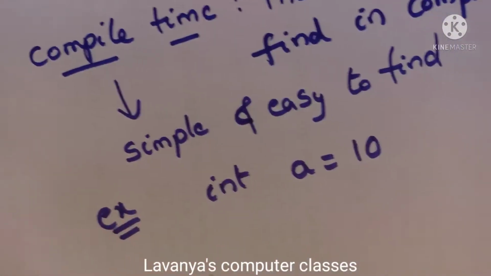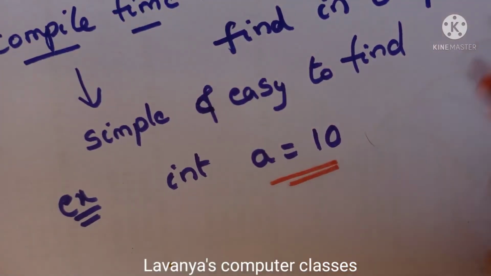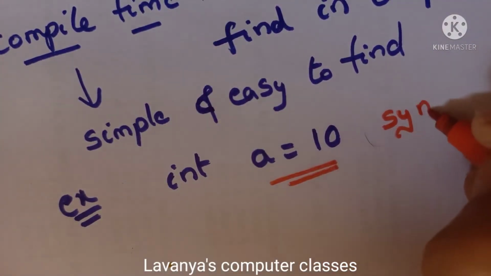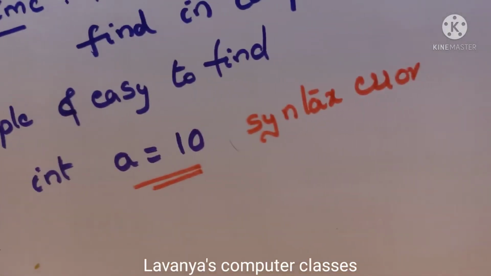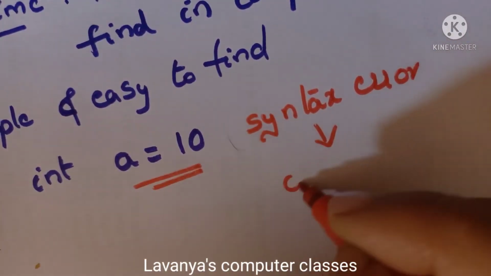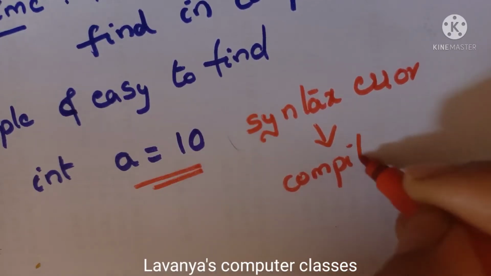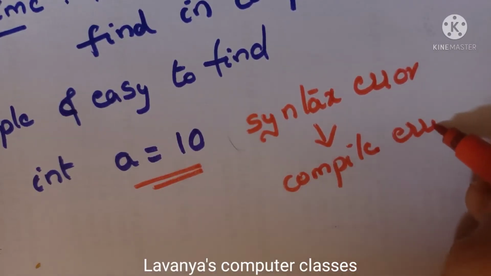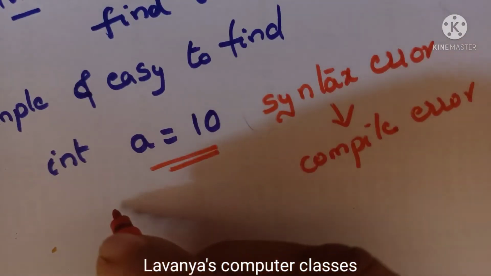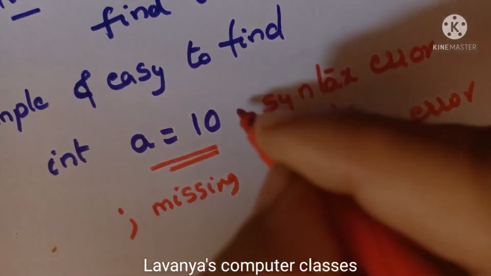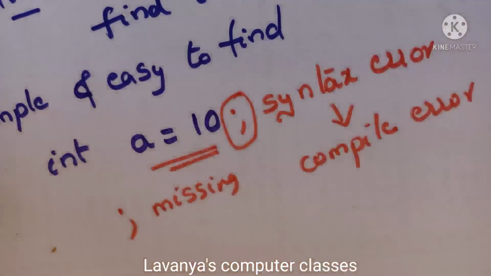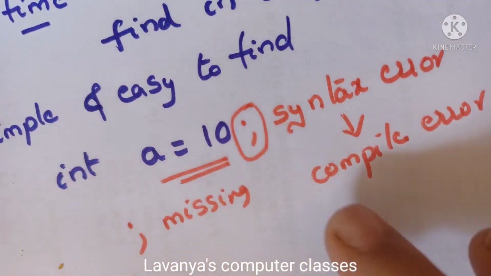In Java or C language, each and every line ends with a semicolon. But here I have not put a semicolon. That's why it is called a syntax error. According to the syntax, each line ends with a semicolon, and here the semicolon is missing. So a syntax error is a compile time error. Missing semicolon is one example of a compile time error.